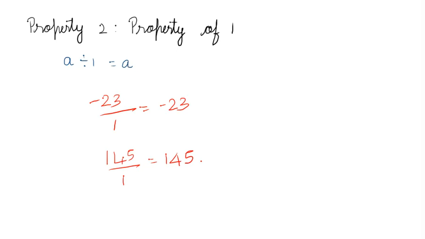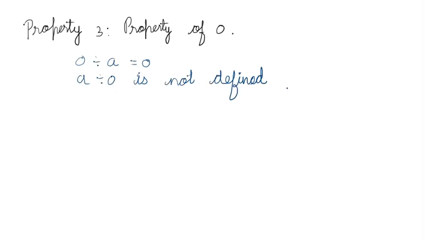The final property is the property of 0. When 0 is divided by any integer, then you get back 0 as the quotient.